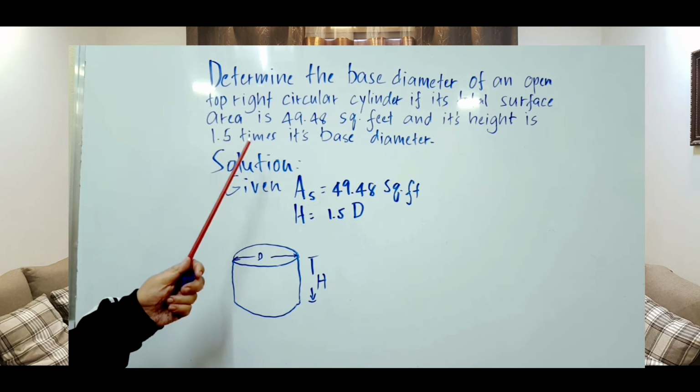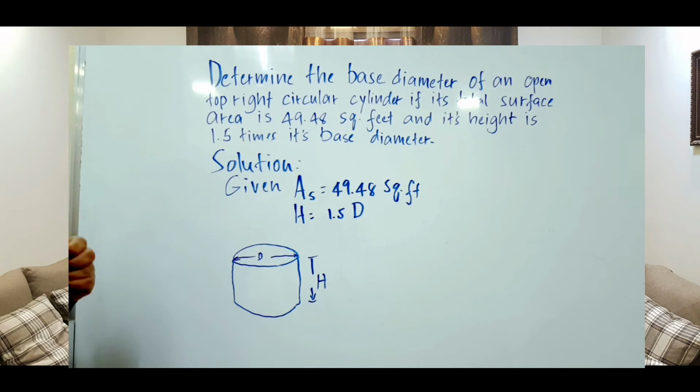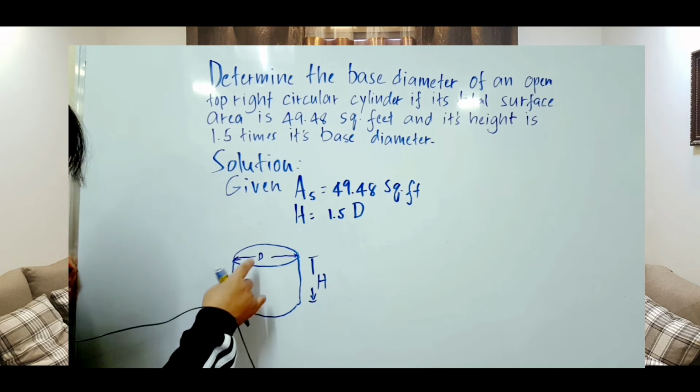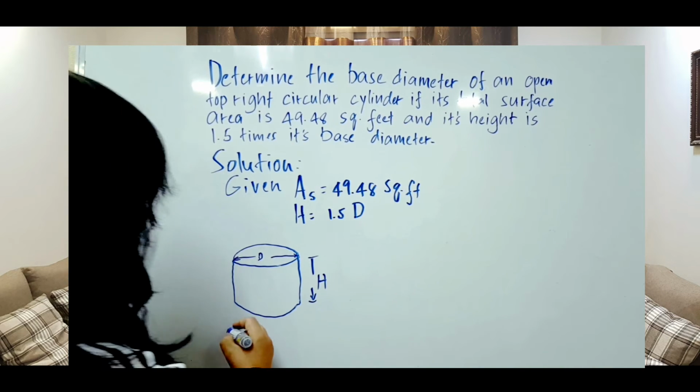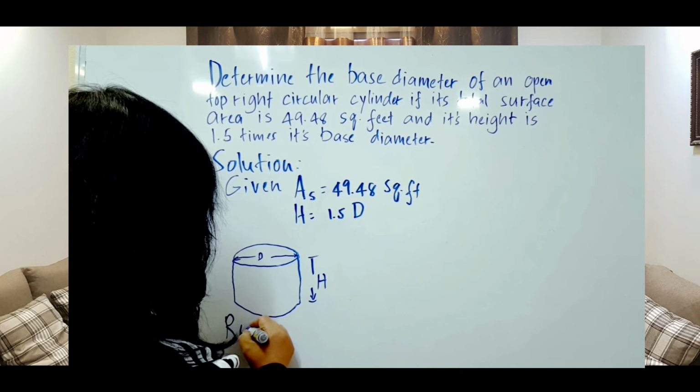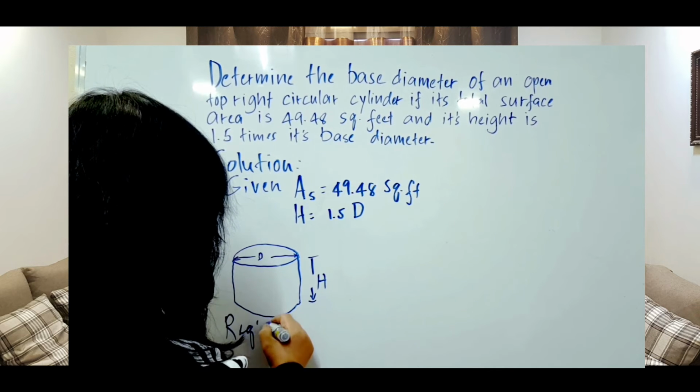Now, what is required here is the base diameter of an open top right circular cylinder. So that means we have to look for D. Required is the diameter.